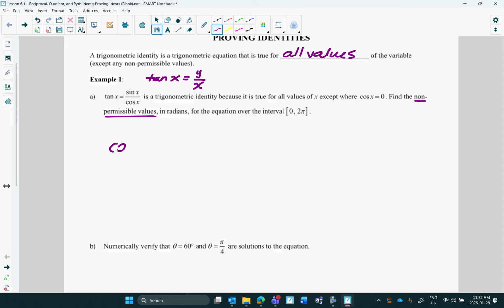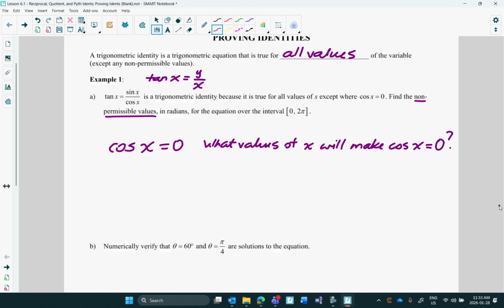So what values of x will make cos x equal 0?